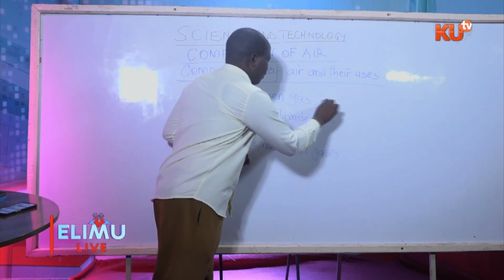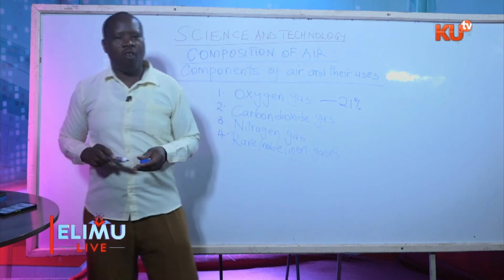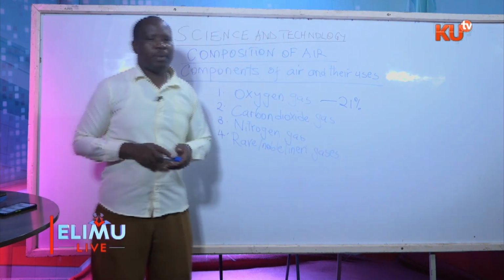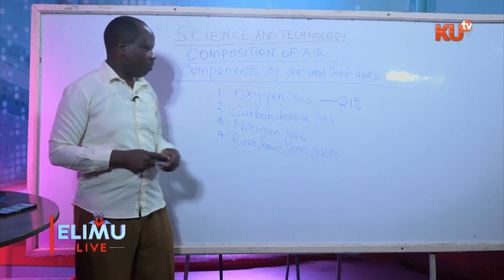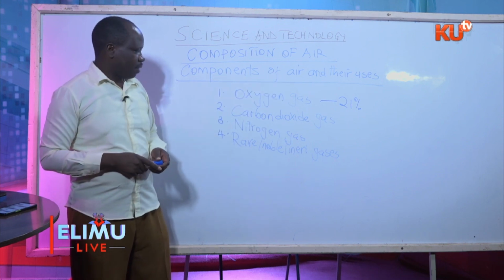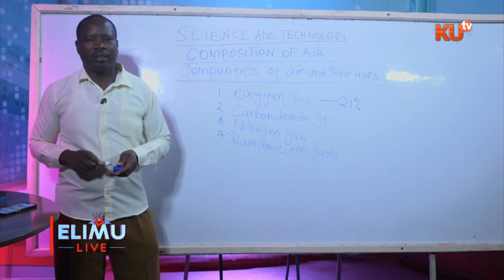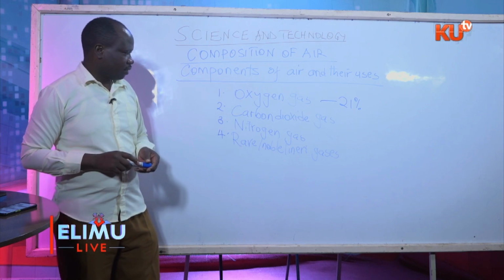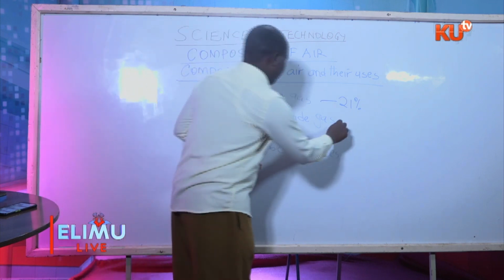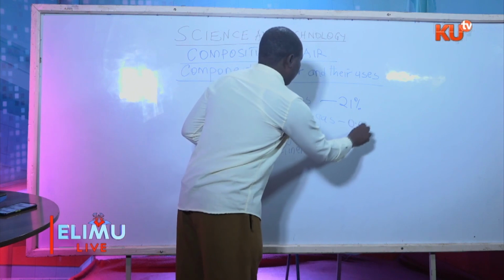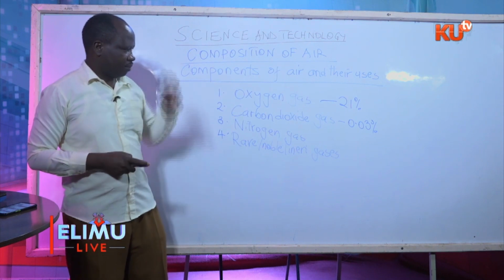Oxygen is made up of approximately 21% of all the components of air. Then we come to carbon dioxide. Carbon dioxide is made up of 0.03%.